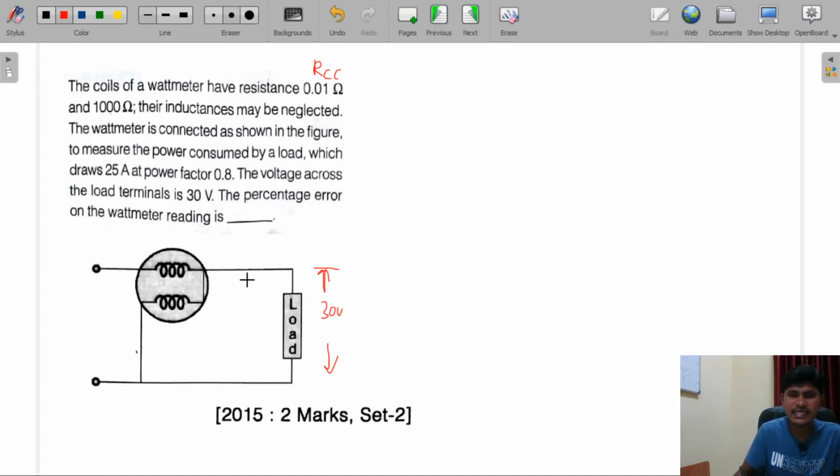Here we have LC connection. In LC connection, measured power is equal to power consumed by the load plus power loss in the potential coil, that is V square by RP.